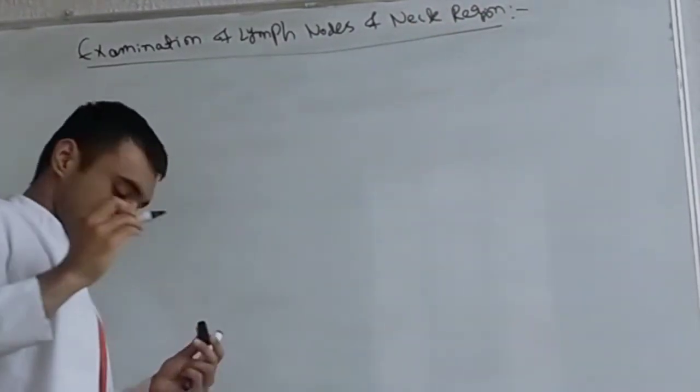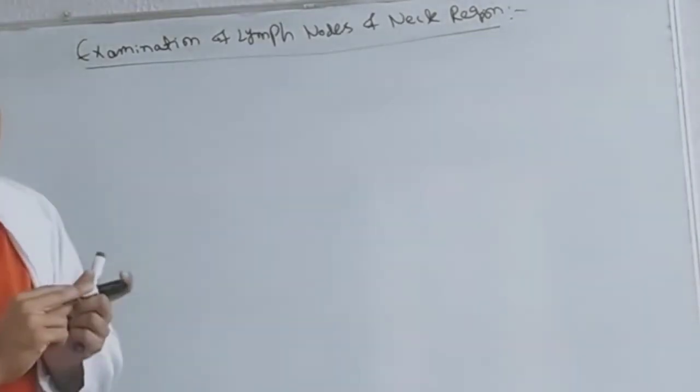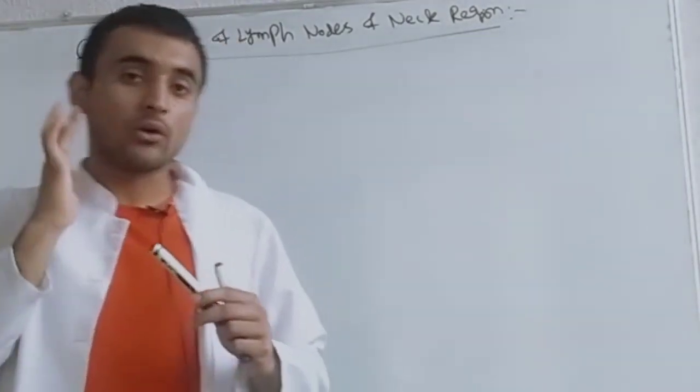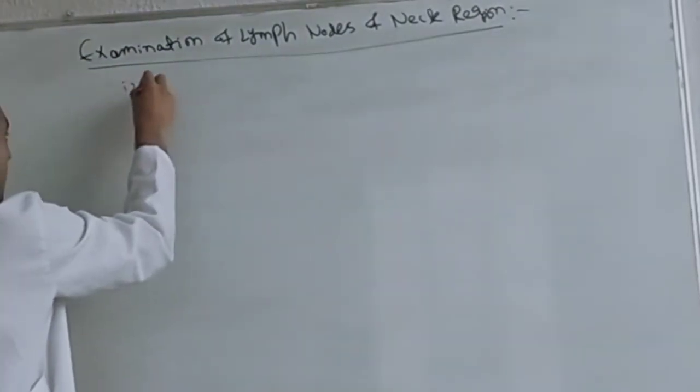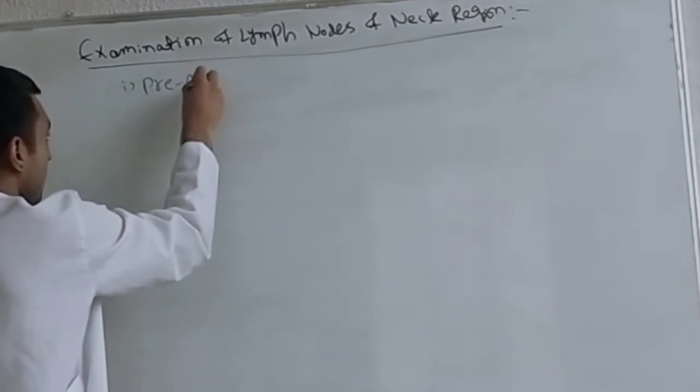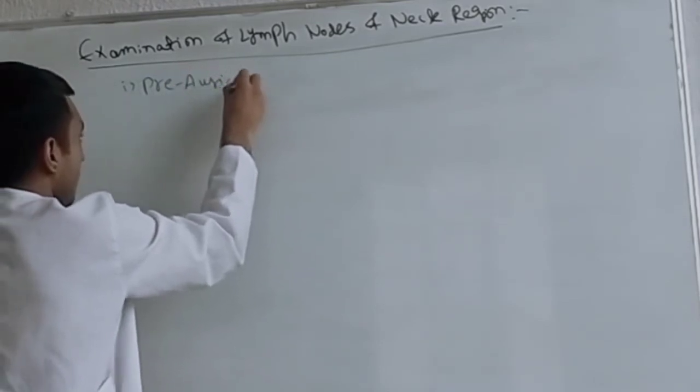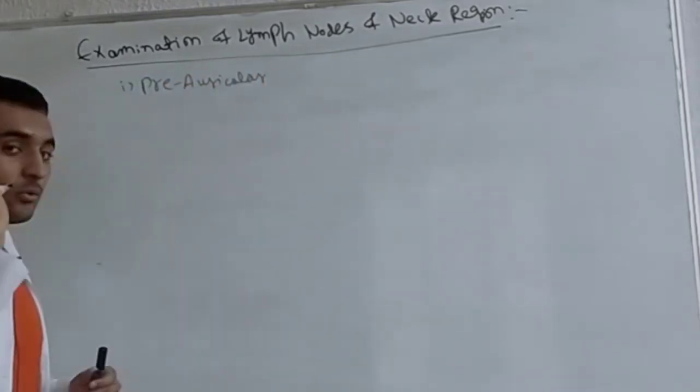First of all, number one is the pre-auricular lymph node, which is present anterior to the ear.